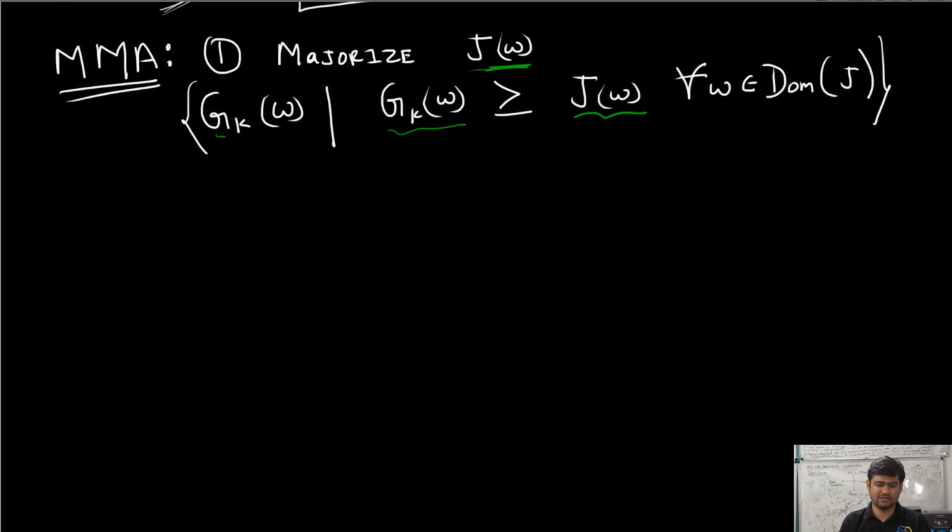The second condition is that gk should be equal to j of w for w equal to wk. So the first step is to ensure that we select a function; these can be assumed as conditions or constraints on the function gk.